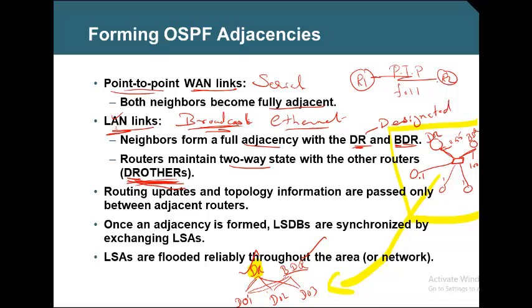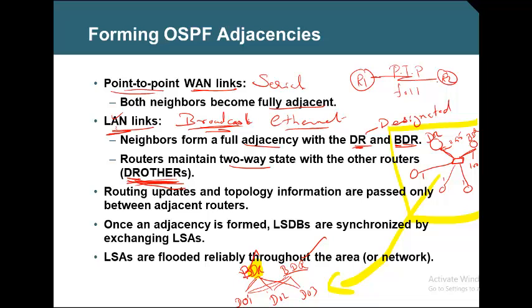After some time, it will say, since no one objected, I understand I'm the only one who has got the highest priority. So I am promoting myself from BDR to DR. So what I said is, by default, straight away it will not become DR. First it will be BDR for a few seconds.